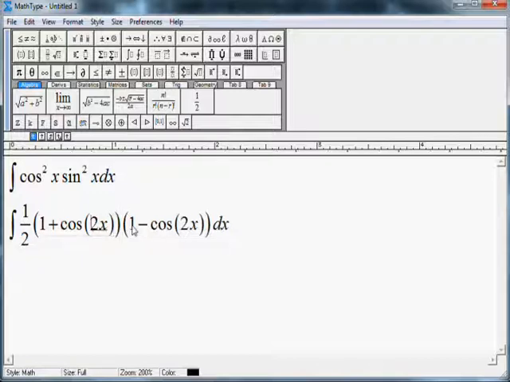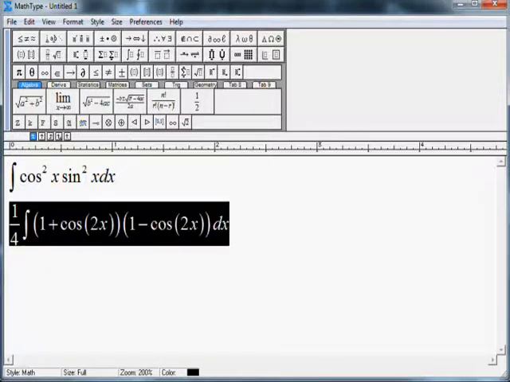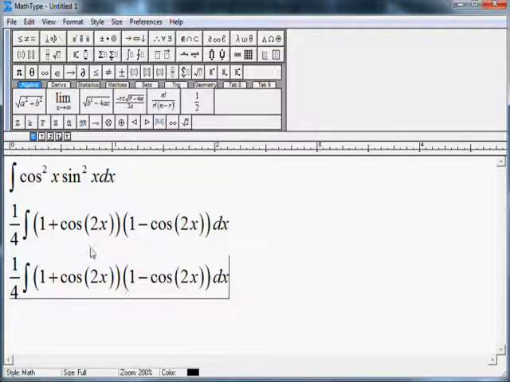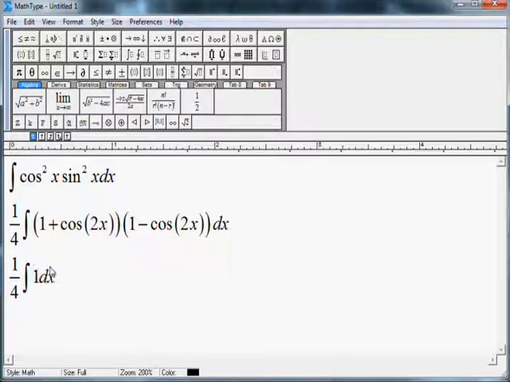Then these 1/2s become a 1/4, and now we just multiply these two out. And if we multiply these two out, we get 1 minus cosine squared of 2x. And yeah, the cross terms cancel.